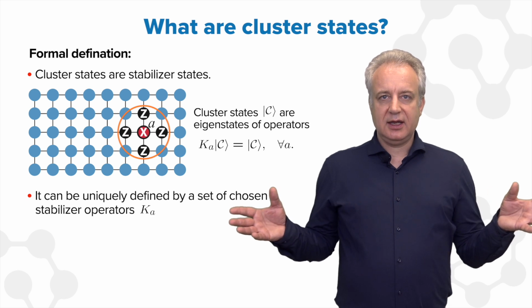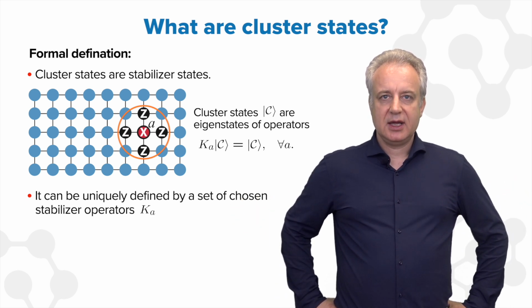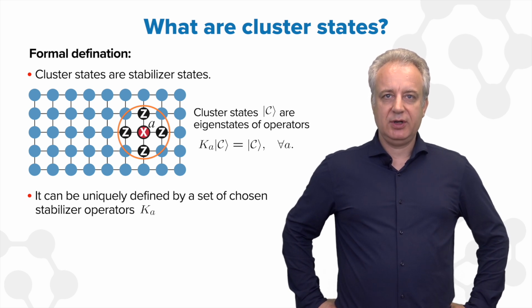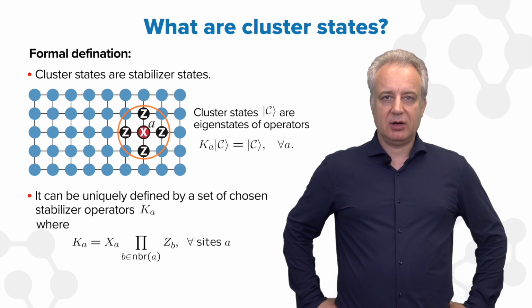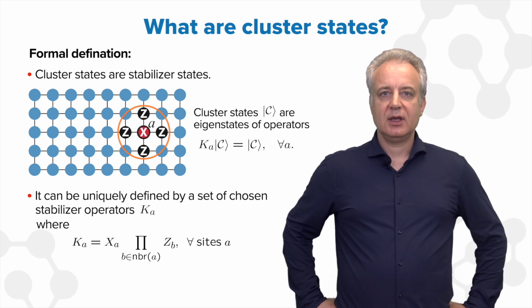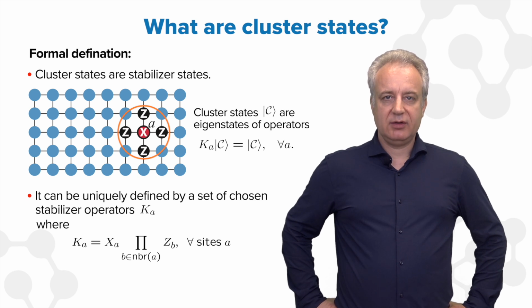On the site a itself, you have a Pauli spin flip sigma x, and on all the neighboring qubits of the site a, you have Pauli phase flips sigma z. The stabilizer operator K_a is the 5-fold tensor product of these. All right, so now we know what the stabilizer operators are, and by way of the stabilizer equation, they define the cluster state.